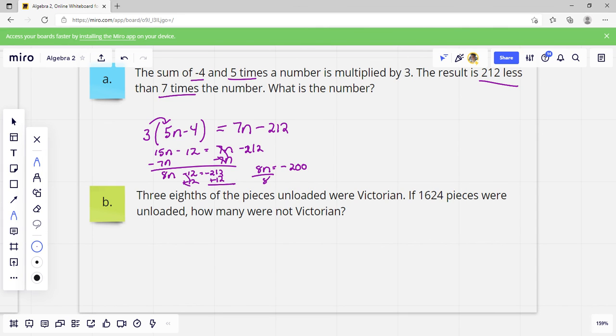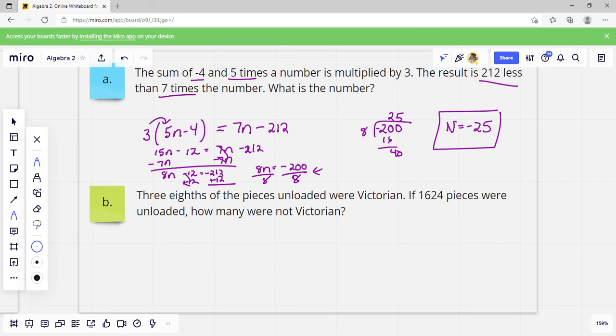Now divide by 8. So 200 divided by 8. Let's see, 2 times 8 is 16. 8 times 5 is 40. So my answer is negative 25. And it's negative because we have one negative on top and a positive on the bottom. So it's really divided by negative 200.